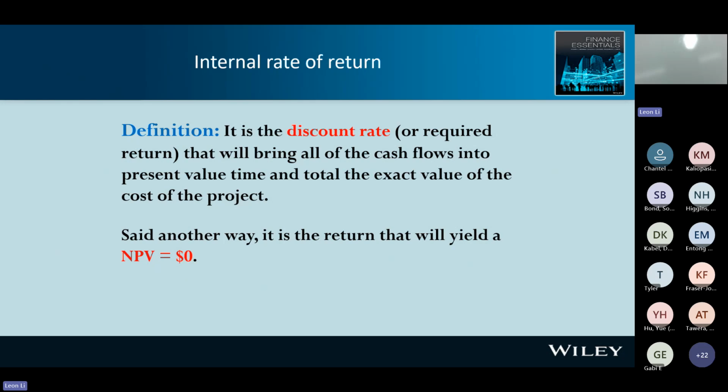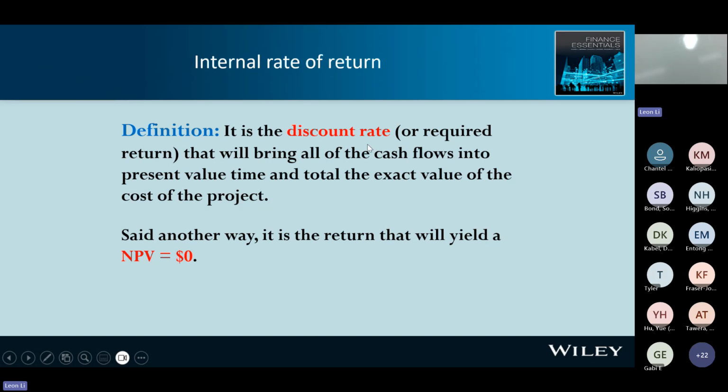Here is the definition. So internal rate of return is a discount rate or the required return that will bring all the cash flows into present value and equal the exact value of the cost of the project. Right? This sentence could be too mouthful, it's too long. So I use another way to show you what is the internal rate of return.